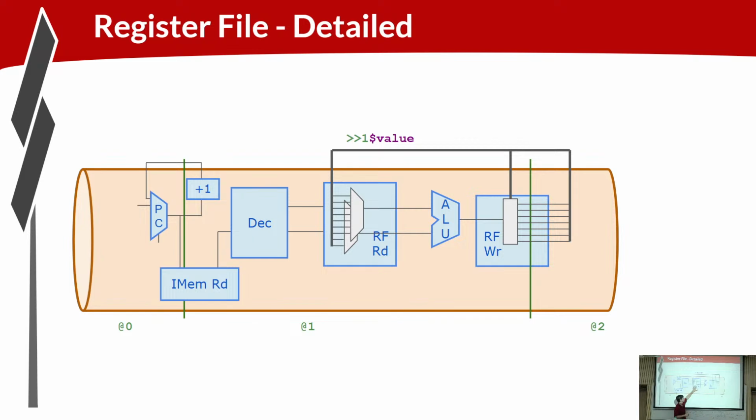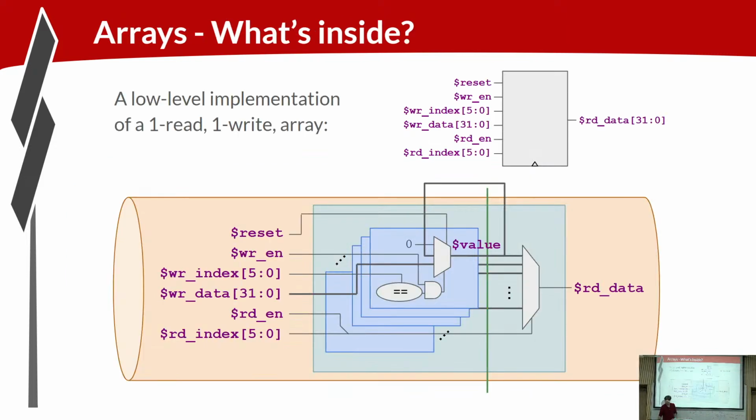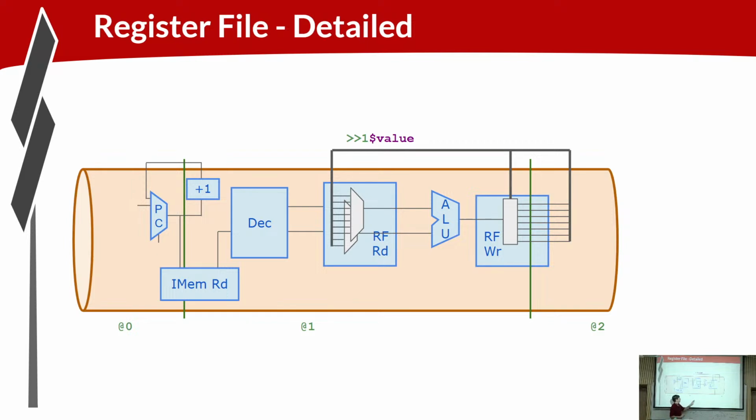The read operation, which is performed by these muxes associated with instruction B here, should be in stage 1. The write operation, the logic that we looked at for the write here in the blue boxes, we're deciding what to write in stage 1, capturing that into stage 2 so that it's available for the next instruction going through.